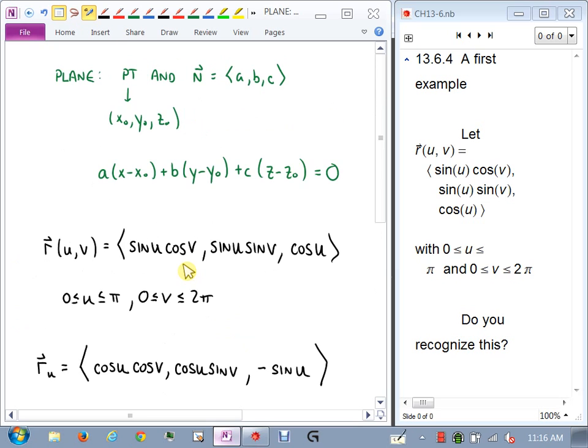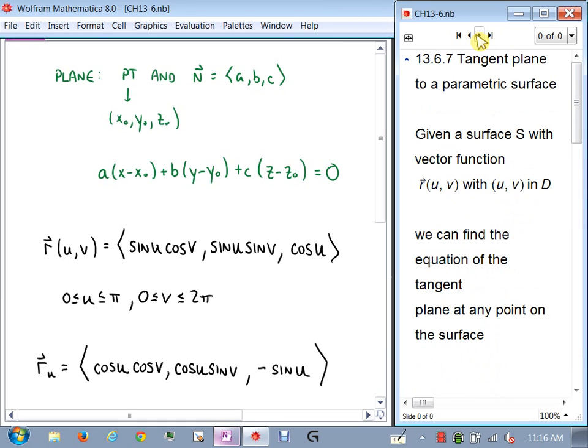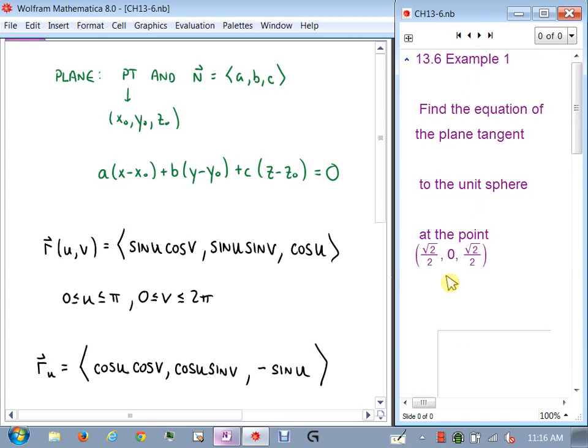How do you mean? To the coordinates? What do we have? Okay, so you're using the fact that we are at this point, right? So my original vector function, which is r of u, v, I need to figure out what u and what v I plug in here to get to this point. So I need to match up all three components with those three coordinates.